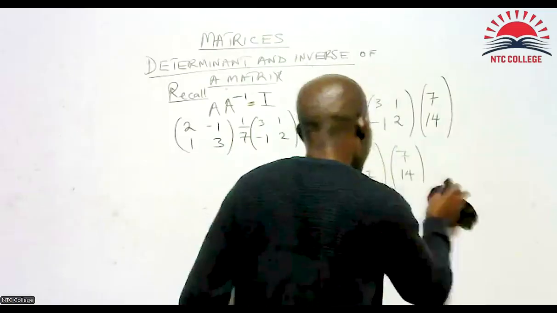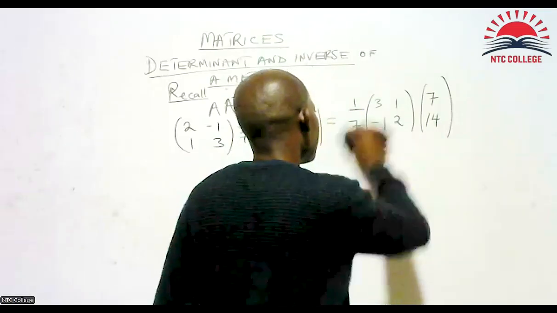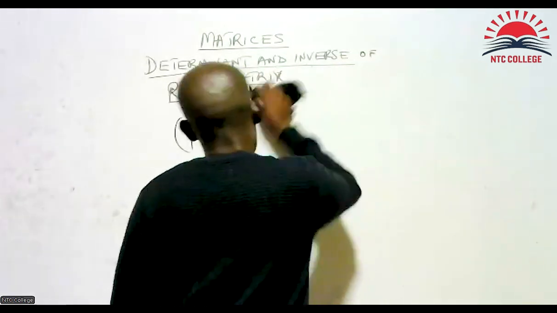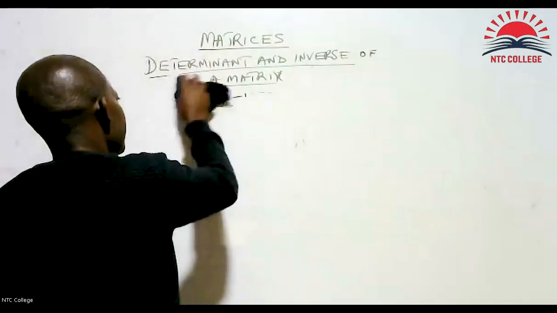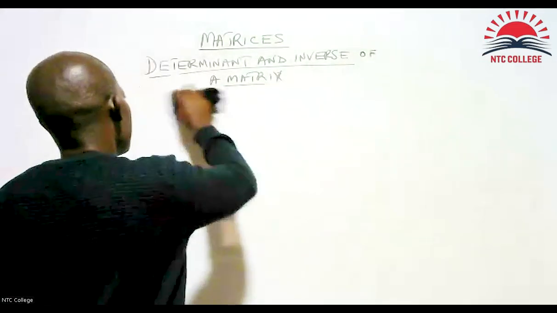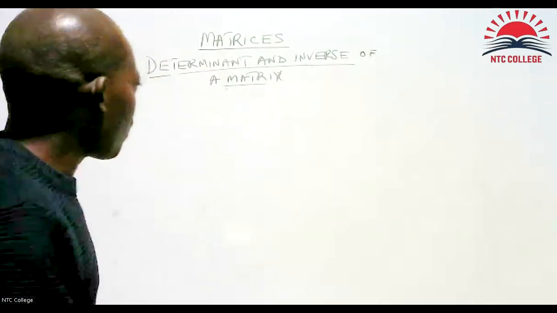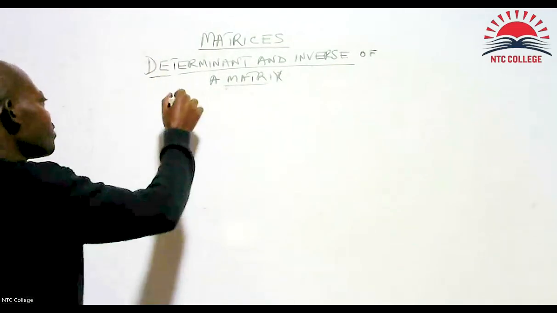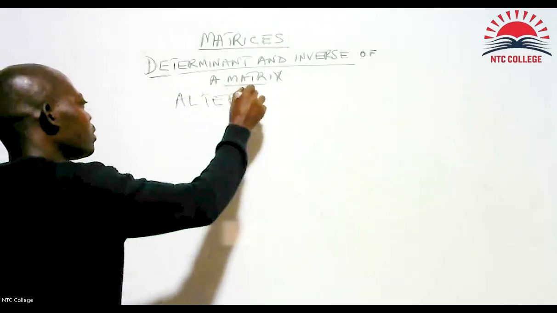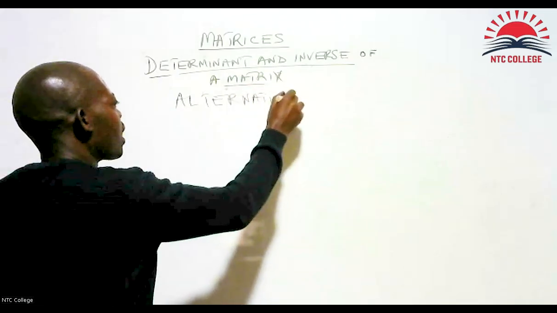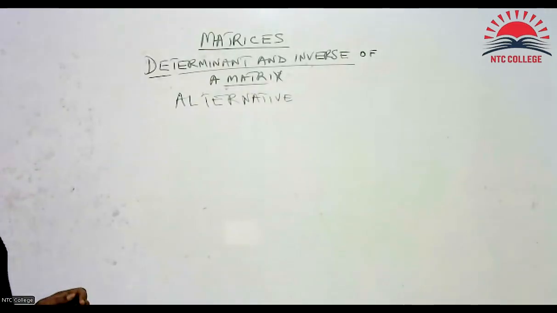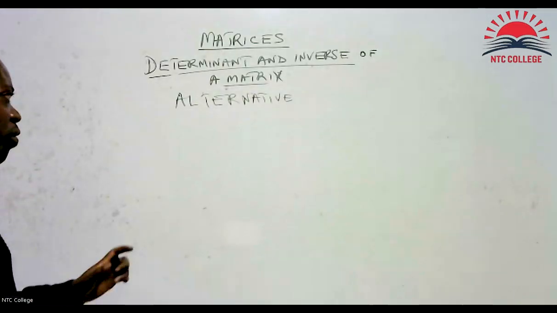Let's call the alternative method Cramer's rule. Never mind about the name. The most important thing is to understand. Apart from the inverse method, that first method is the inverse method. That's why I call it application of inverse.